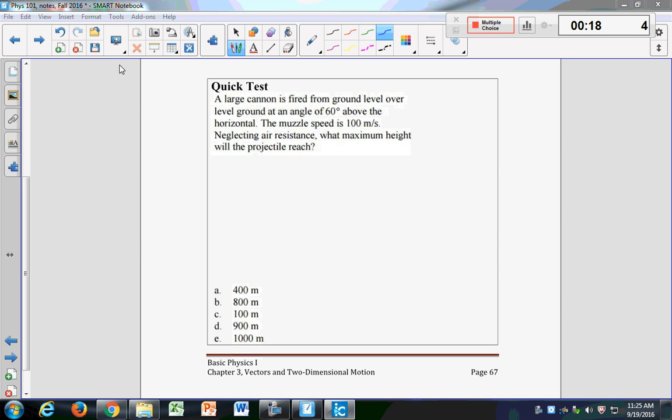This is just like the Nicolas Cage problem, exactly like that. Your first step will be to find the time at the top. Actually, you'll need to find your x and y components, but then find the time at the top, and then find the height at that particular time.